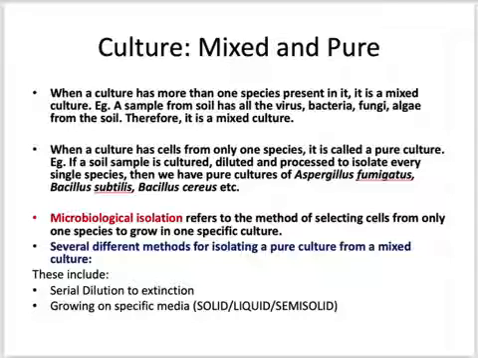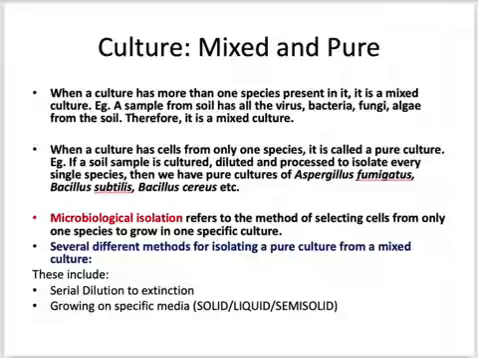You can culture them in a way that after culturing you will get different species, at least more than one species, or you can get only one species. If a culture has more than one species, it is called mixed culture. Mixed means more than one species.